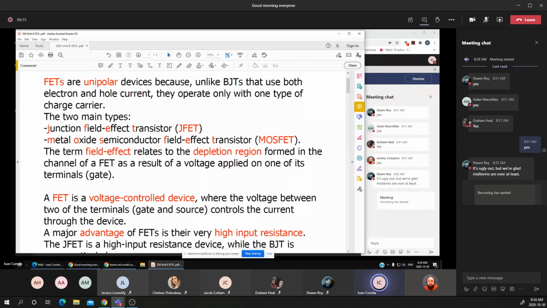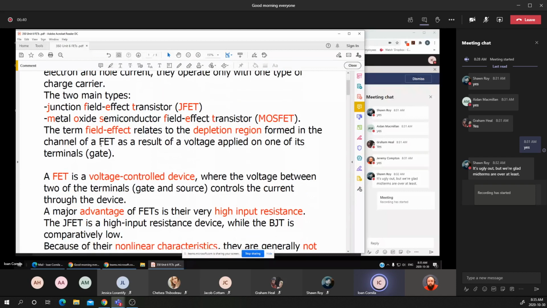That was the first type of FET on the market. It's still used today, but between the two, the most widely used is the MOSFET, or the metal oxide semiconductor field effect transistor.